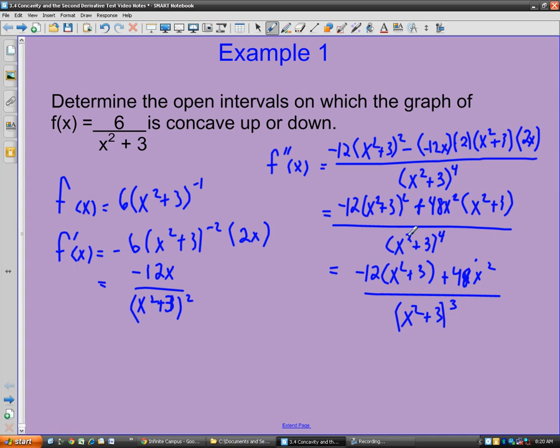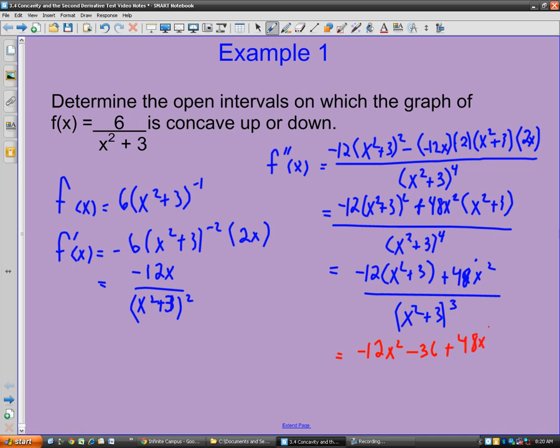Then, to make this a little bit easier, if I distribute the negative 12x squared, I get negative 12x squared minus 36, and then plus 48x squared.